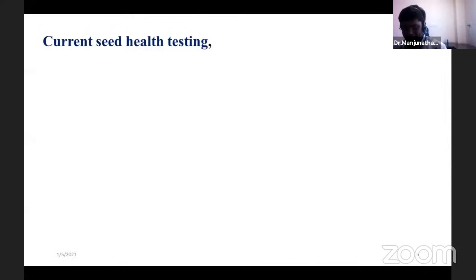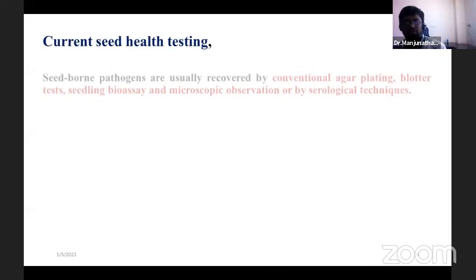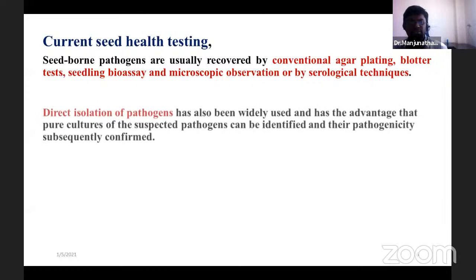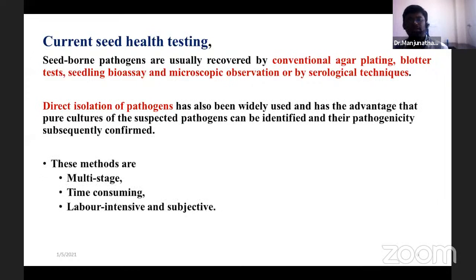So currently, in seed testing, since 1935 we have been using the incubation method, blotter test method, the bioassay, and microscopic observation, and some serological methods, not ELISA, but some other agglutination tests, immunoprecipitation tests. We were using these for 35 years, but these methods are multi-stage.